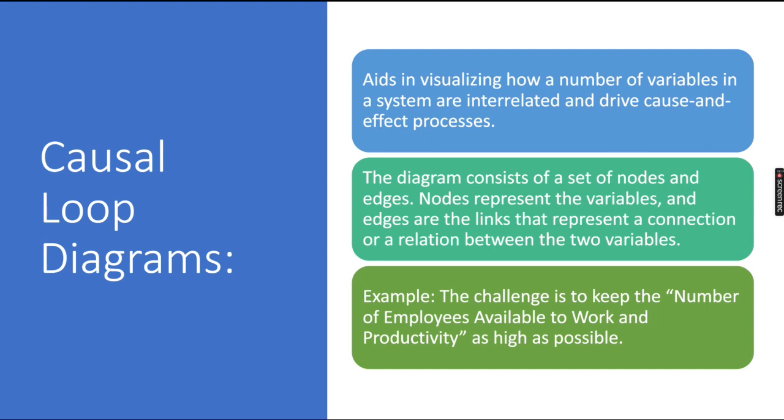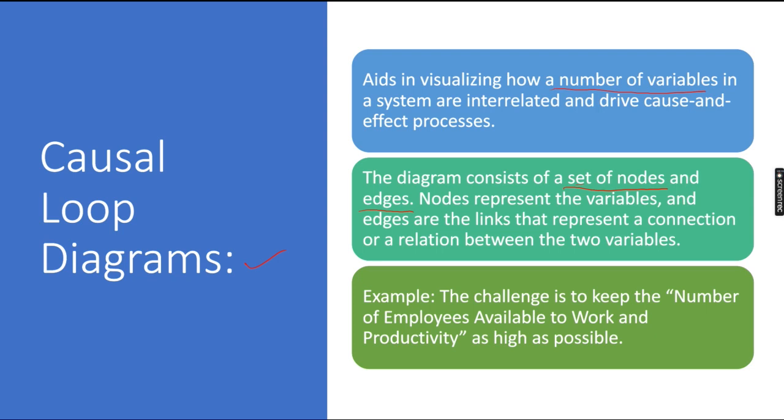Causal loop diagram. A causal loop diagram aids in visualizing how a number of variables in a system are interrelated and derive the cause and effect process. The diagram consists of a set of nodes and edges. Nodes represent the variables and edges are the links that represent a connection or relation between the two variables.